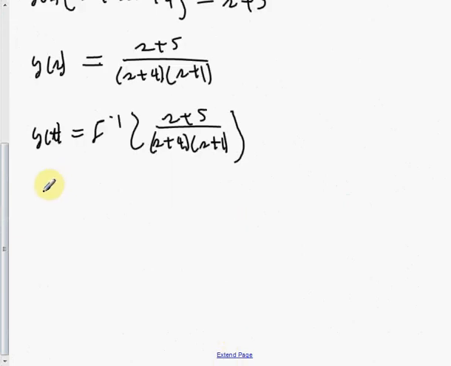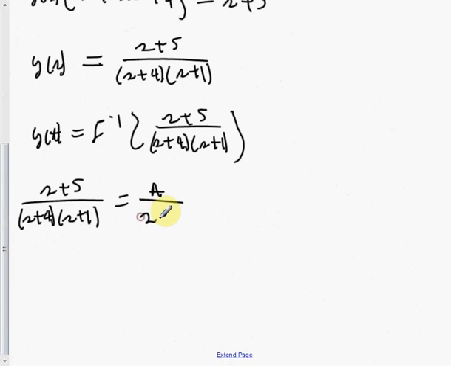We use partial fractions to break that down. S plus 5 over S plus 4 times S plus 1 there. So this is A over S plus 4 plus B over S plus 1. So I get S plus 5, multiply everything through by the LCD, S plus 4 times S plus 1.